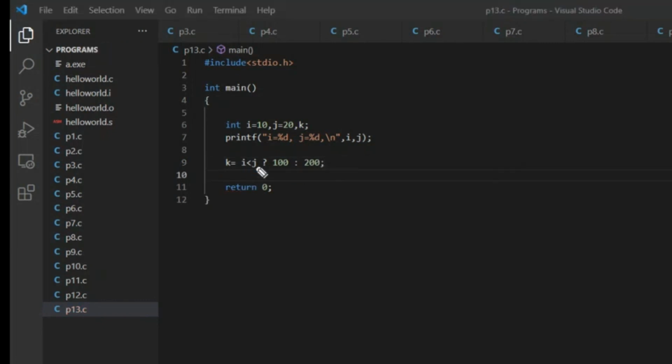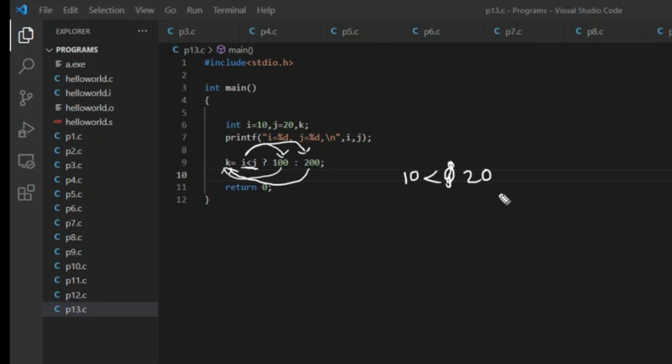So what is the meaning of this line? First is my condition. If this condition becomes true, then it will store 100 into k. If this condition becomes false, 200 will be stored into k. So is 10 less than 20? Sorry, 20. Is this condition true or false?